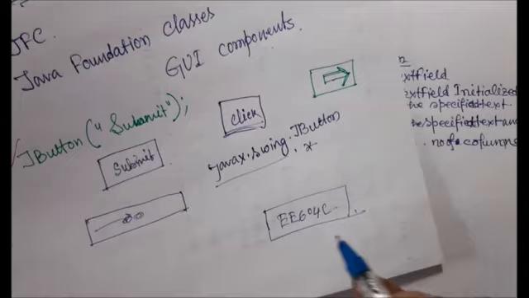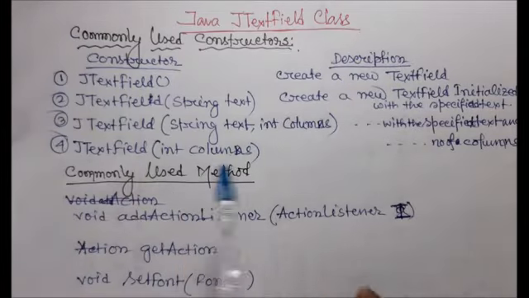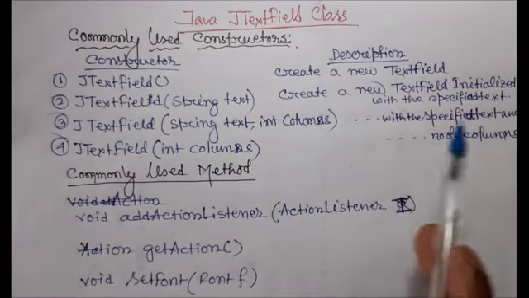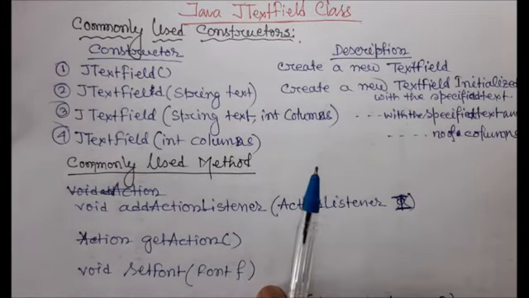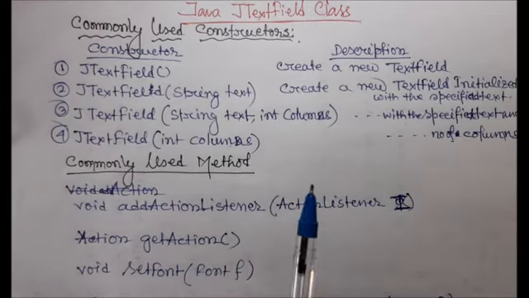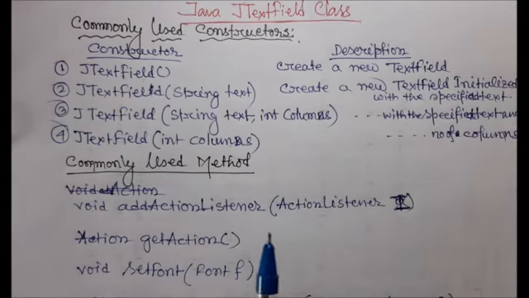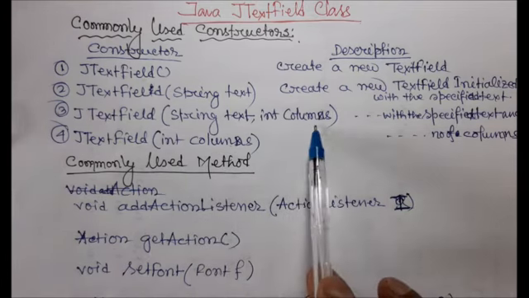It creates a new text field initialized with the specified text. So, with the first one we can give the input, and in the second one the text is already initialized, which is very important.